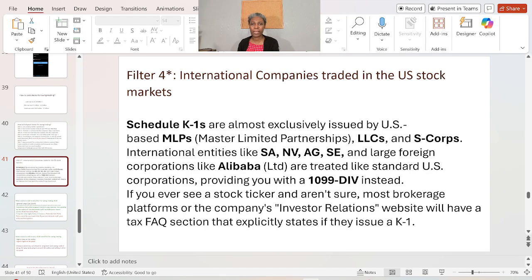But I'm still hesitant about foreign companies that are labeled limited companies. But again, when you search on each one of those companies, whether you should eliminate it or not, you should be able to find out if they send out Schedule K1 or not.